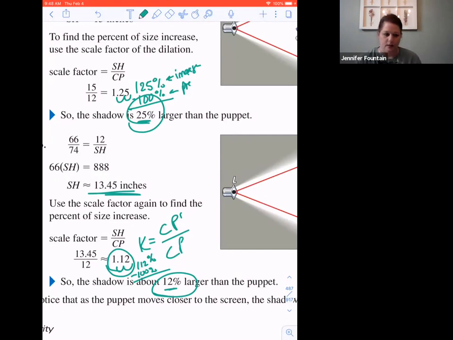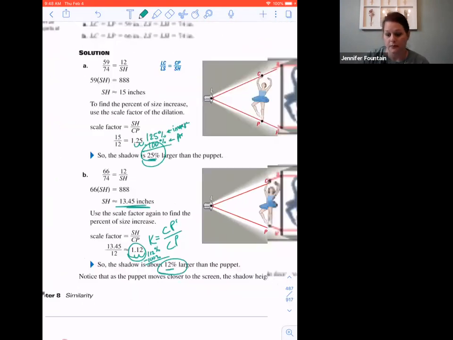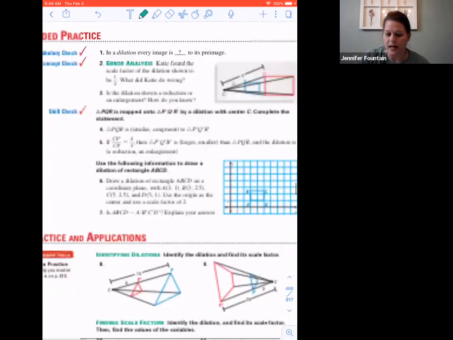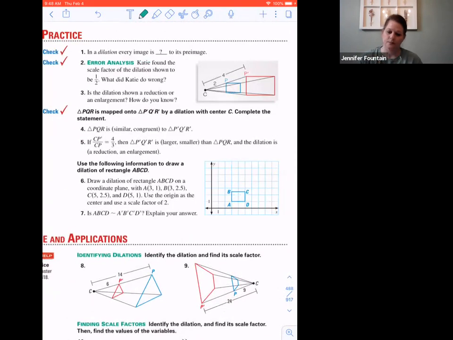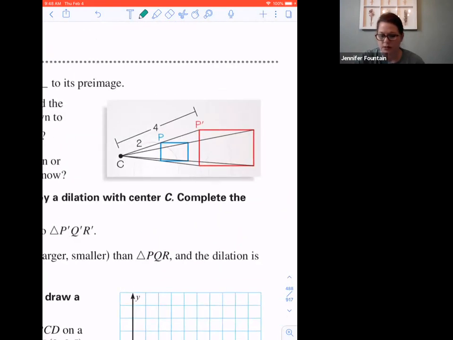All righty, and that's it on this section. So next we have our guided practice. In a dilation, every image is blank to its pre-image. So remember, we talked about how they're going to be different sizes, but my shapes are going to be exactly the same, right?